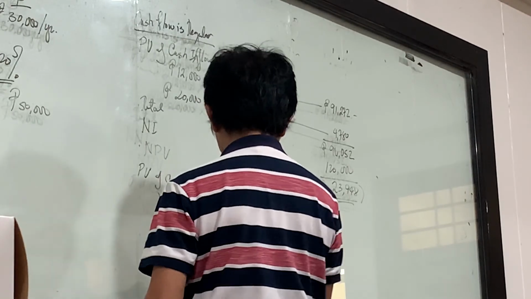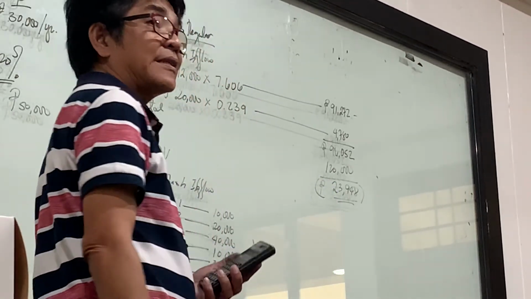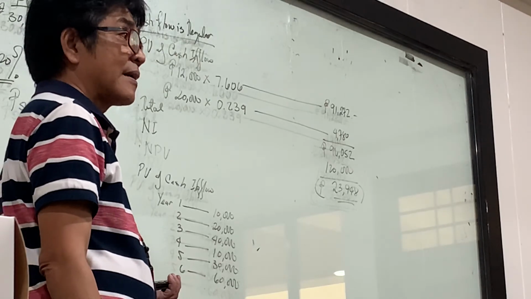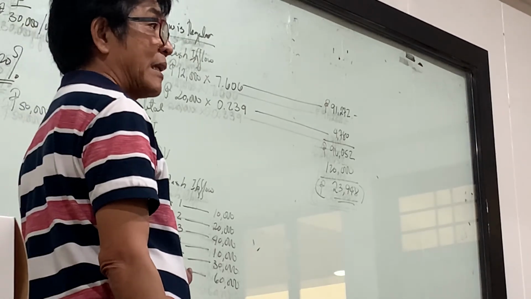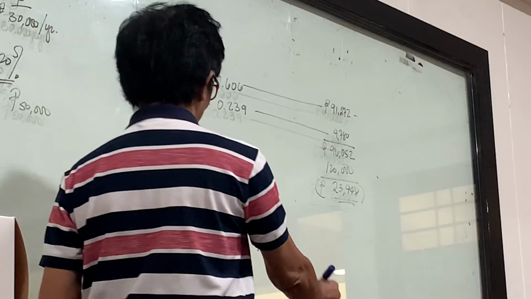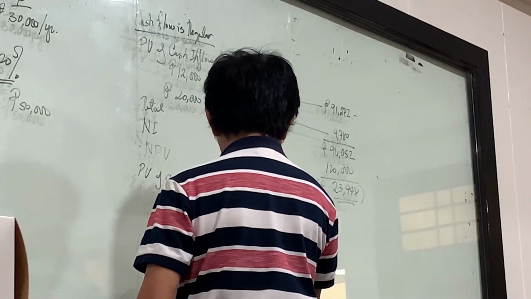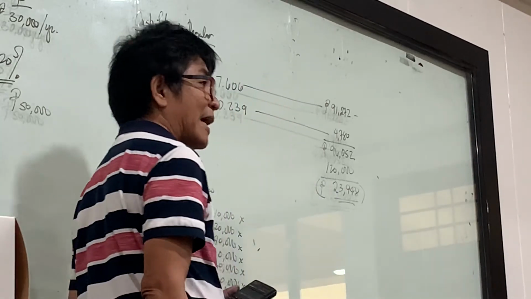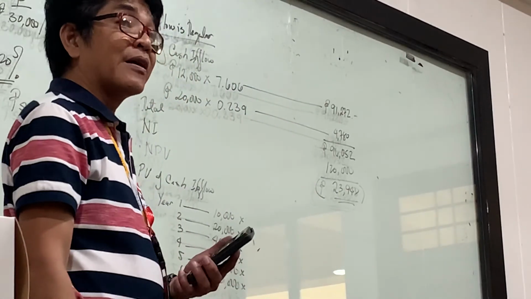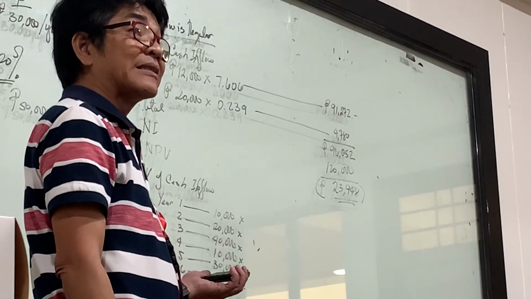Okay. 6 years, ha? Clear? Okay. We are going to multiply each of these by the present value of 1 at 10% for 6 years.